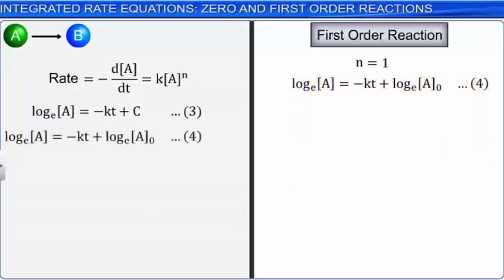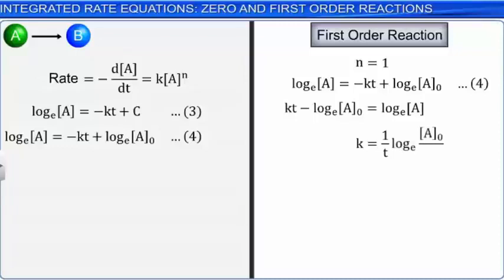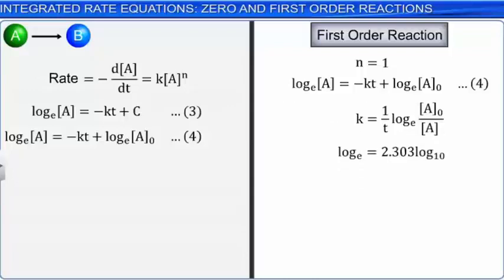On rearranging this equation, we get k is equal to 1 divided by t ln([A0]/[A]). Since log to the base e is equal to 2.303 log to the base 10, this equation can also be written as k is equal to 2.303 divided by t multiplied by log([A0]/[A]).